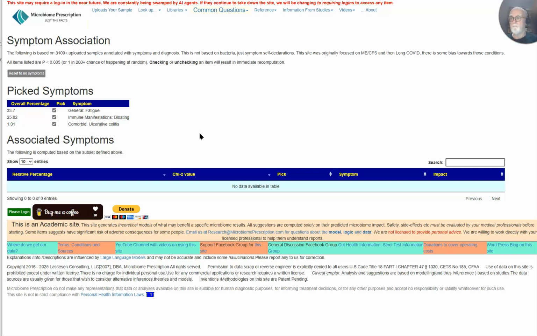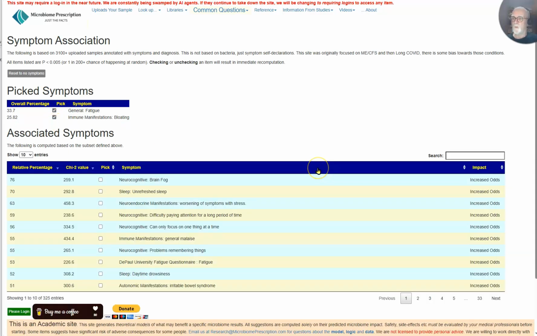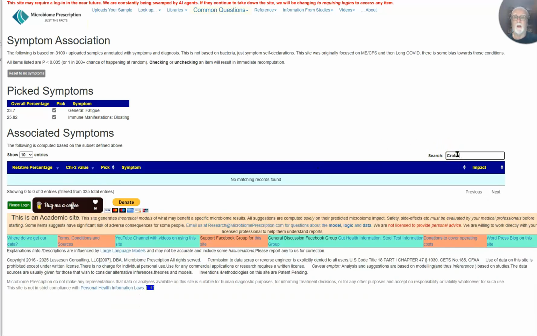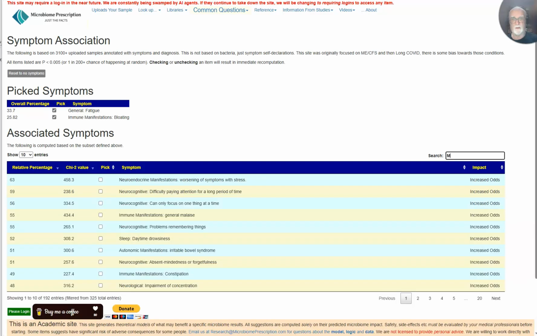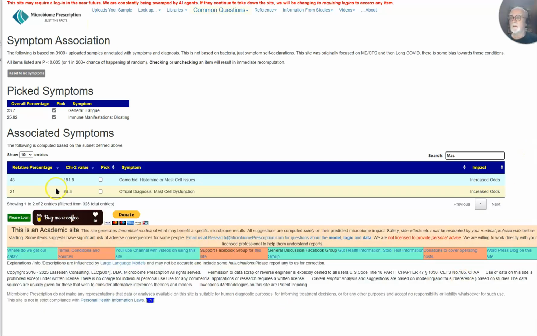And you can basically say, okay, so we can do that. Now if we get rid of that one, we end up with a whole bunch of things that you see really filters down the group. And Crohn's, we don't have that. How about trying something like mast cell issues? We click here.